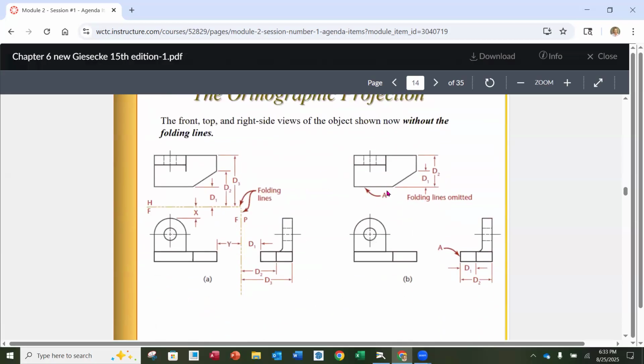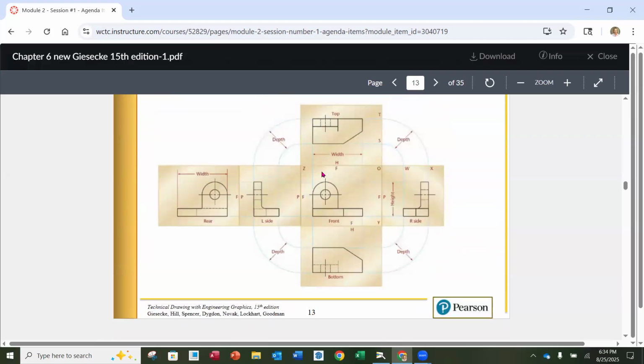As we look here, you're going to notice this goes back to when we would construct our views using manual means like compasses and things like that, where we would have folding lines. These folding lines would represent the hinges on our box, okay? And you'll notice that however deep this view in the top is, is how deep from the folding line the right side or the left side is going to be.